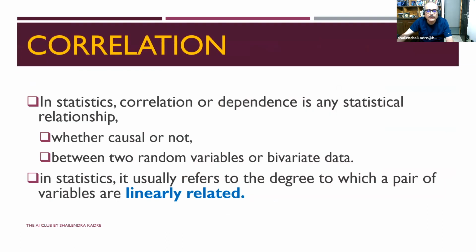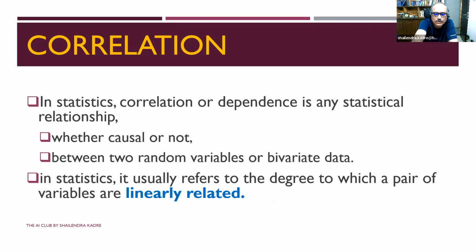And see the definition here. In statistics, correlation or dependence is a statistical relationship, whether causal or not, between two random variables or bivariate data.